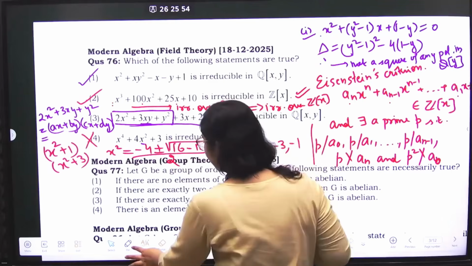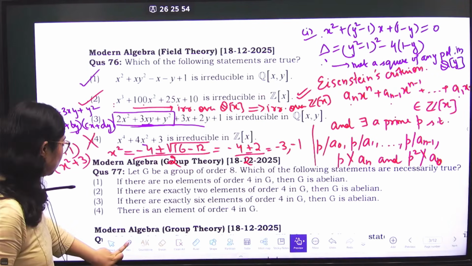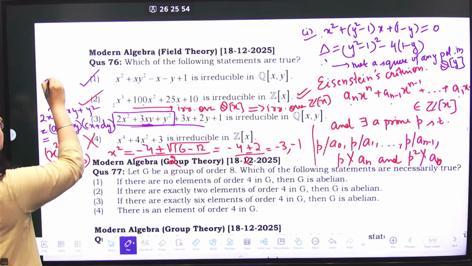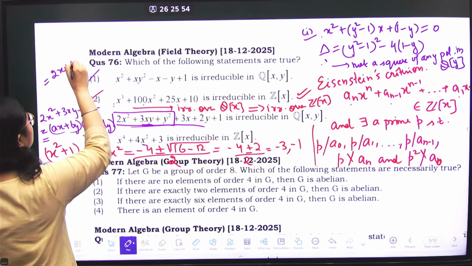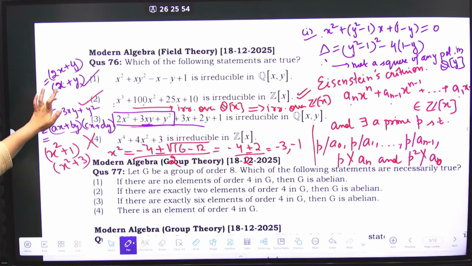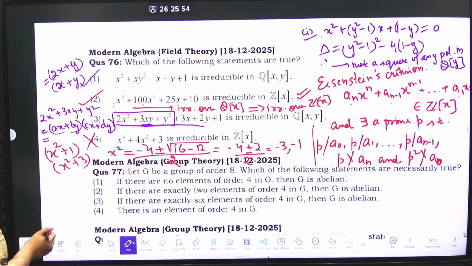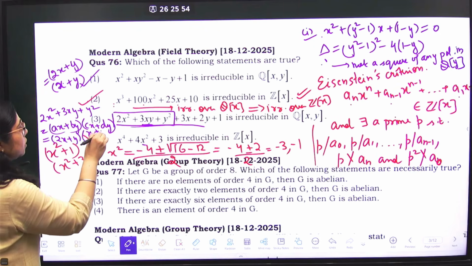So can you guess the values? We can see that a into c is 2, so we can take one value as 2 because we want it as an integer. So we can take (2x plus y) into (x plus y). We can check: 2x squared plus 2xy plus xy, that is 3xy, and then y squared. Yes, this is correct. So this is (2x plus y) into (x plus y).